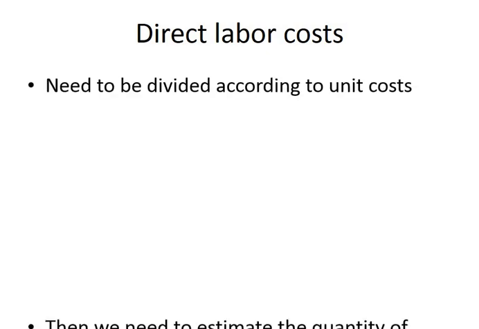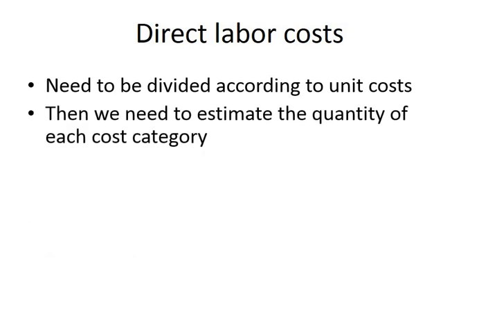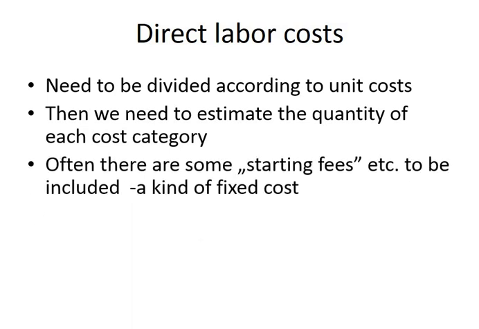So you can show the cost in some unit, like the number of hours, and then you can set the price for each of them, and then you can calculate everything. Often there are starting fees, which means that you pay some money just for somebody to arrive and start working.